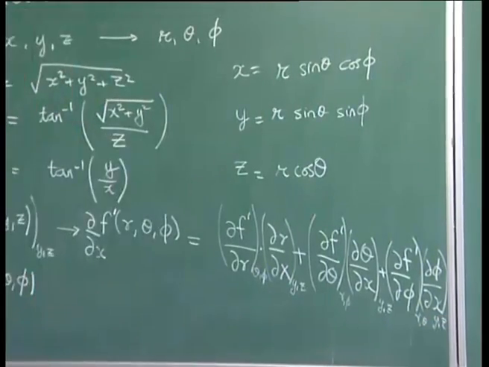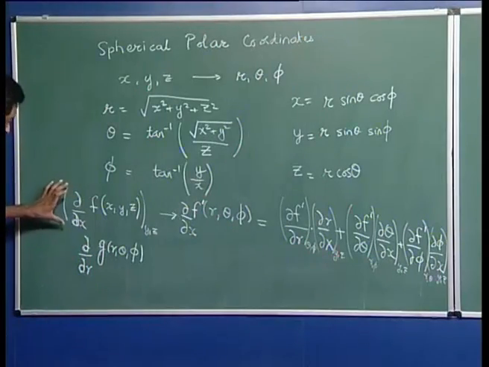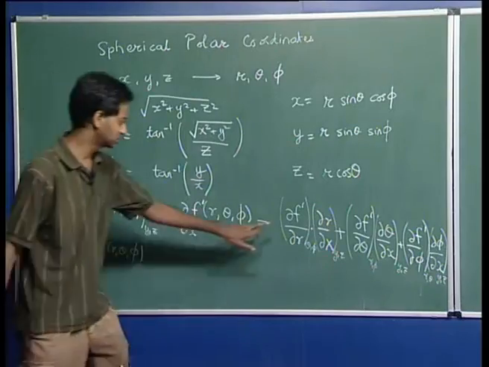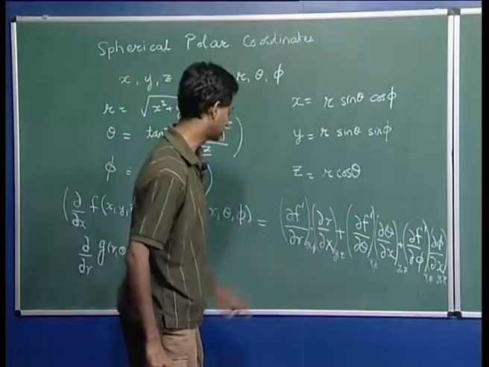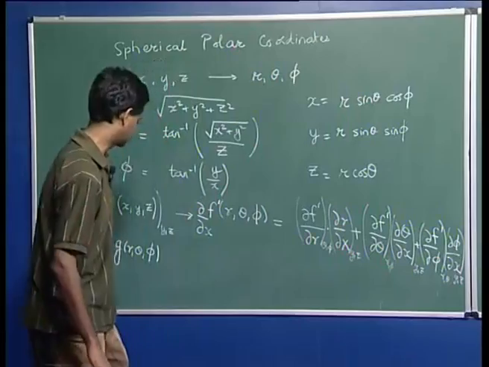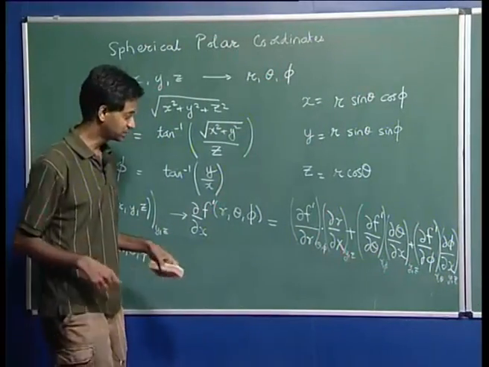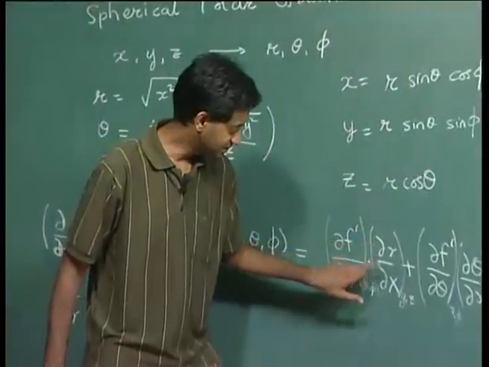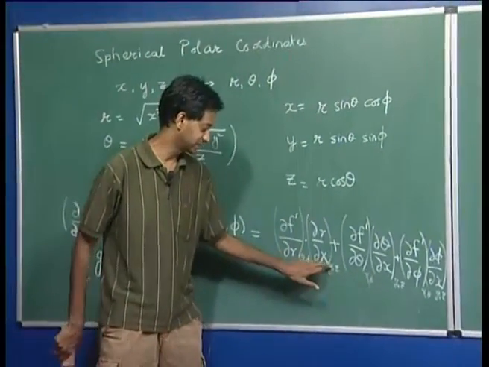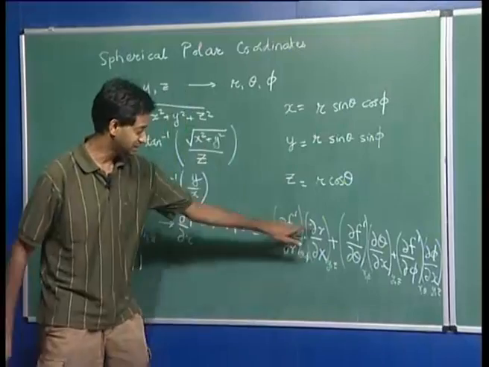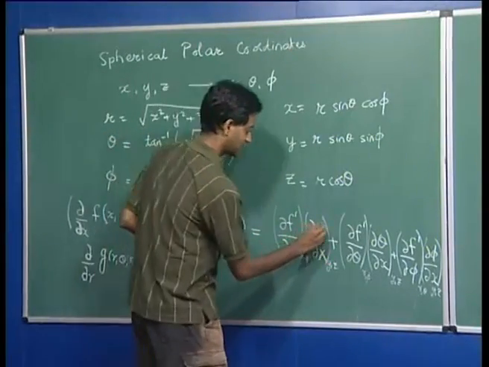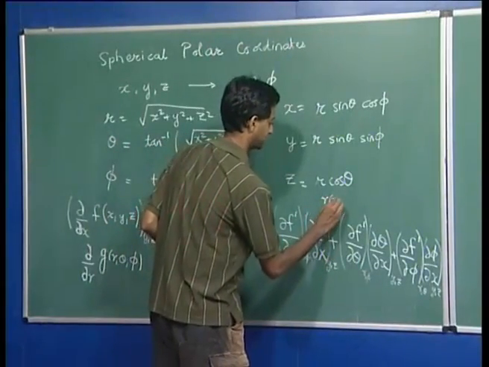Okay. So, the point is we will always deal with partial derivatives, and we will not bother writing these subscripts, because it will make our notation a lot simpler. But the point is that when you are taking the derivative of r with respect to x, you will keep y and z fixed, and that means your r has to be expressed as a function of x, y and z.